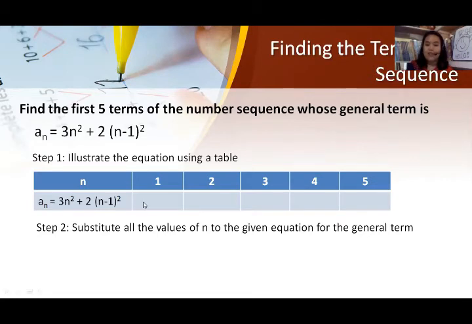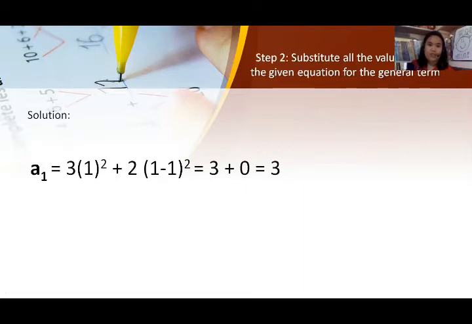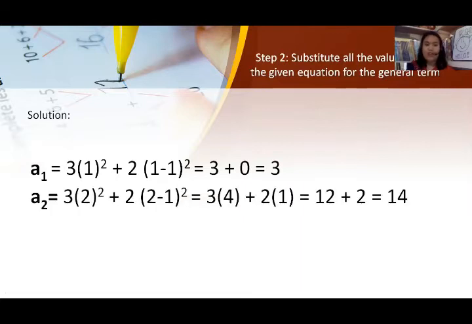So since we were able to have our table, let's try to solve it. So same process, substituting the values of n to our equations. For the first term, we have 3. For the second term, be careful in simplifying exponential equations.